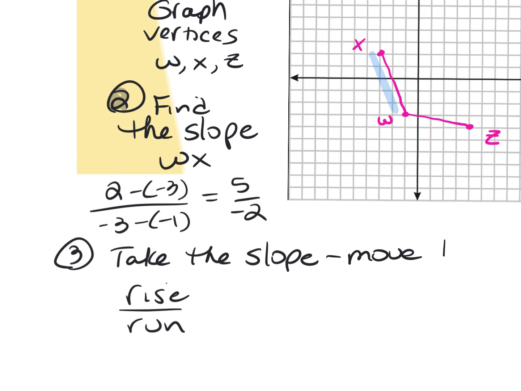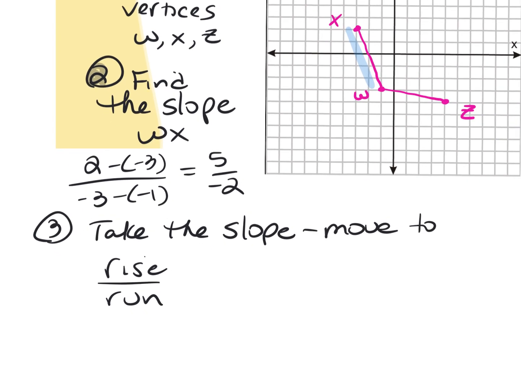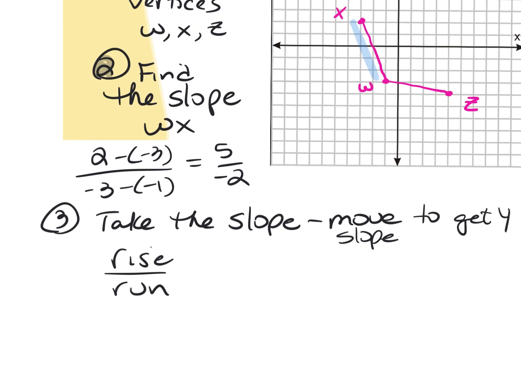I'm going to move the slope to get to Y. So I'm going to rise up 5, and I'm going to run to the left 2 units, because that was my slope.